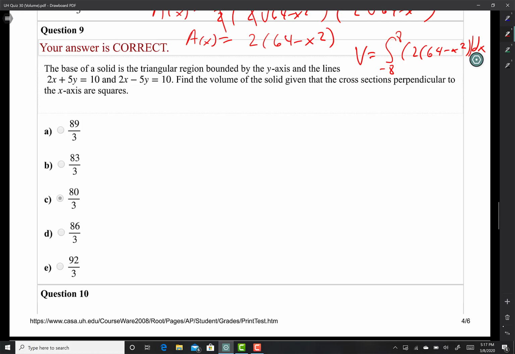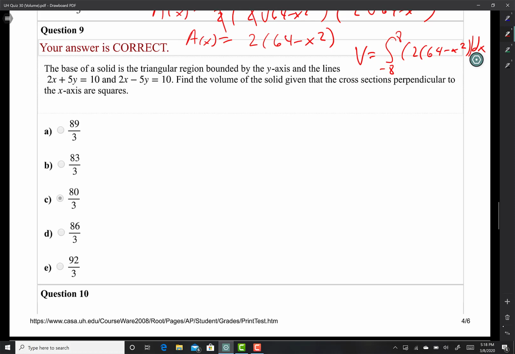Find the volume of the solid, okay. It says, find the volume of the solid given that the cross sections perpendicular to the x-axis are squares.